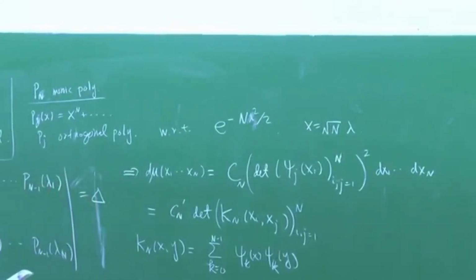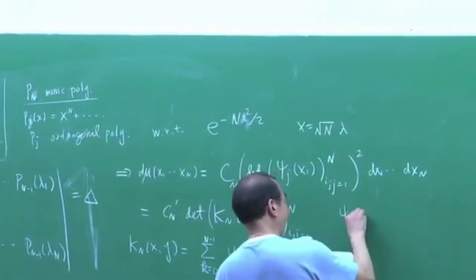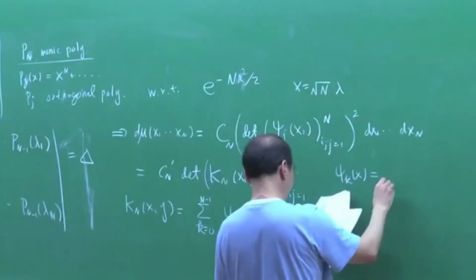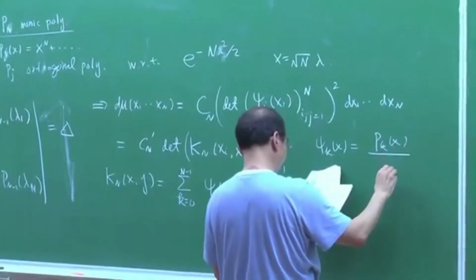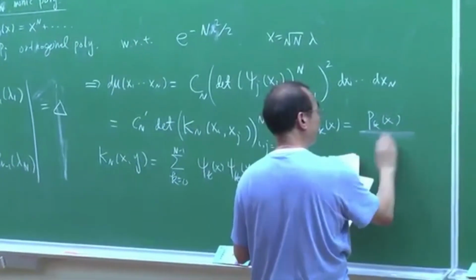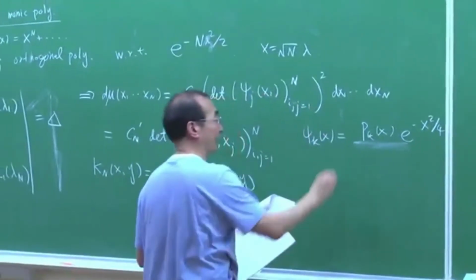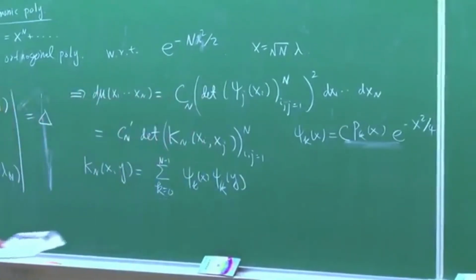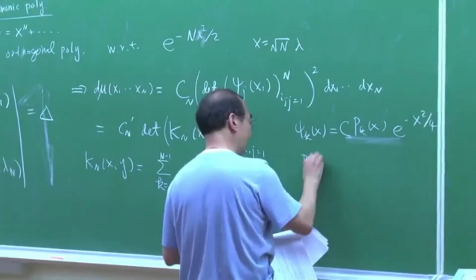And what is psi k? Psi k of x is equal to pk of x divided by e to the minus x squared over 4, and this is a constant, so I will not write a constant carefully. And pk, now I take the pk because now I have a choice.